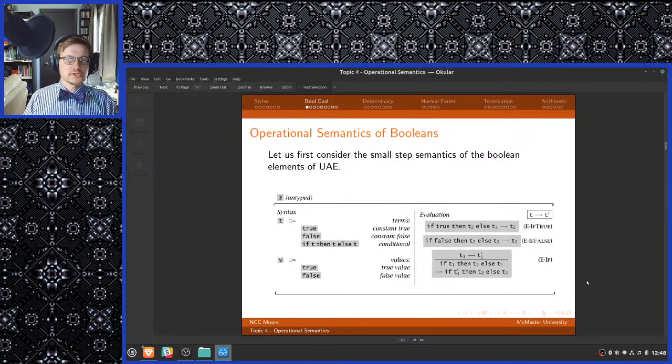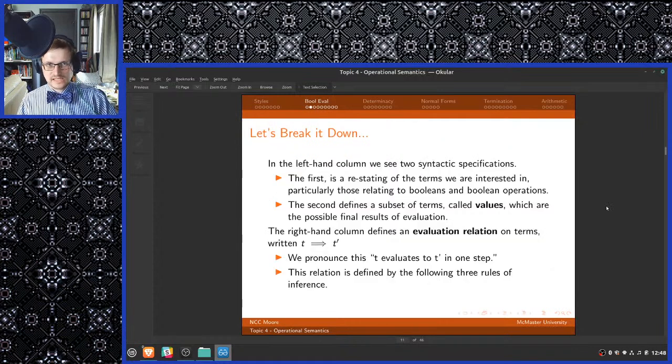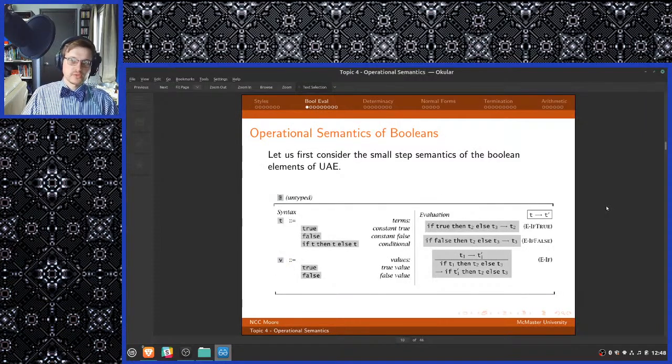So, here are the operational semantics of the Boolean subset of untyped arithmetic expressions. Okay, memorized them? Okay, next slide. Just kidding. Let's go through them. First of all, I'll preface this by saying what I mean when I say we're just dealing with the Booleans.